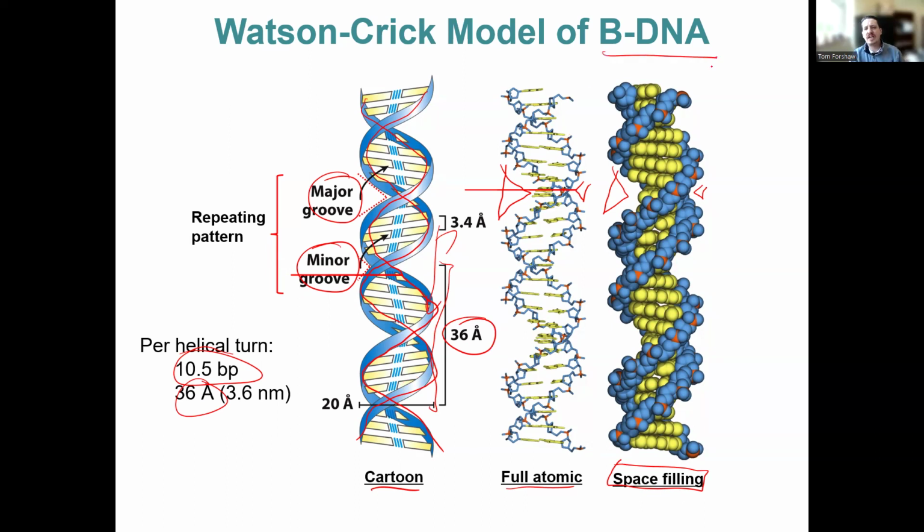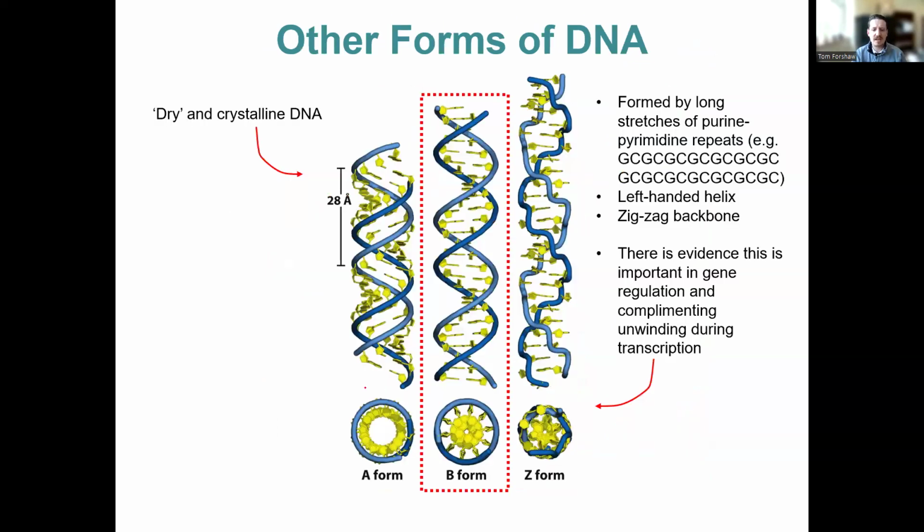There are other structures of DNA as well. The classic one that you will be familiar with is B-DNA, and that's just when DNA is solubilized in water. There are also other forms of DNA, the A form and the Z form.